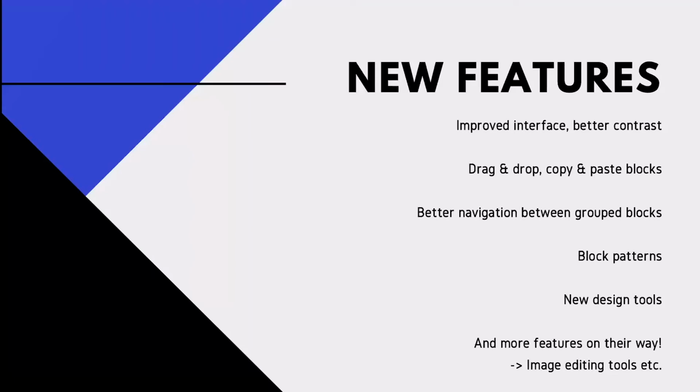Even more features are on their way in the future, such as image editing, as I mentioned, within Gutenberg, so you won't always need to process images in an image program, such as Photoshop, for instance. So the experience will be more and more inclusive in the block editor. You don't need to go around and make your stuff ready somewhere else and try to upload it afterwards.